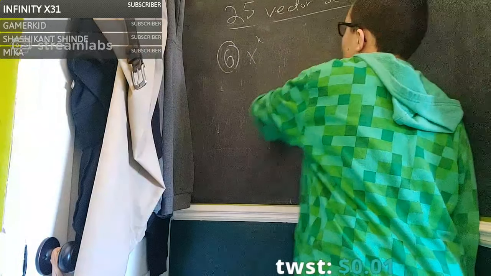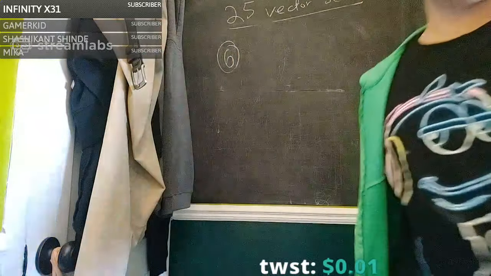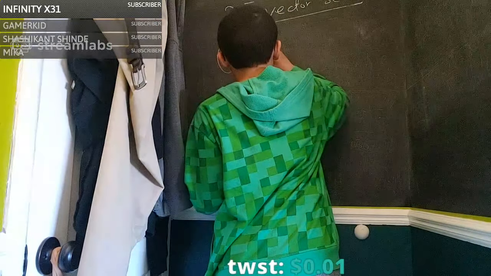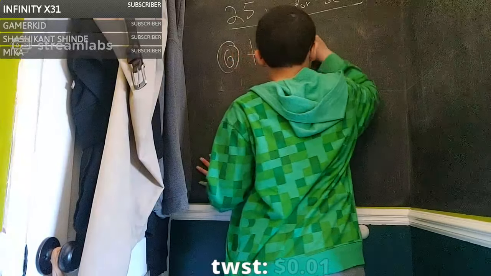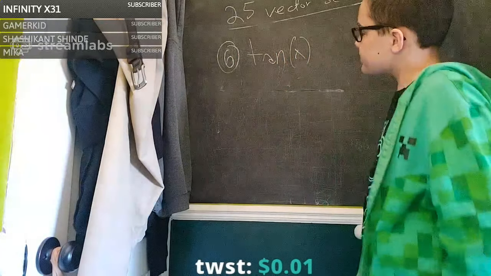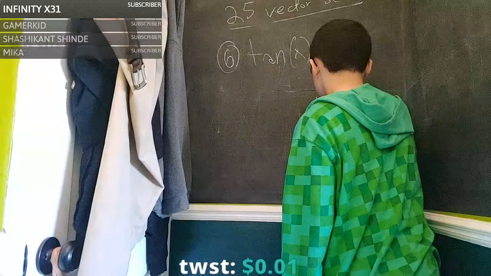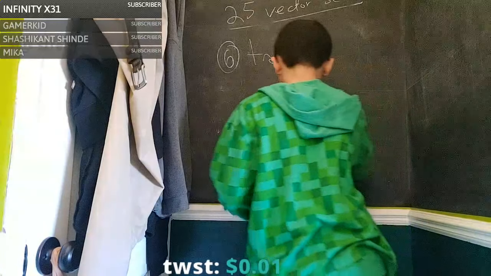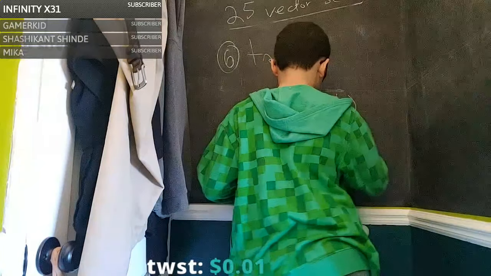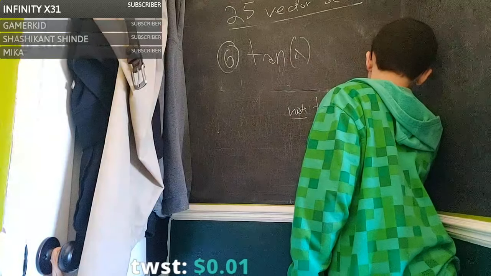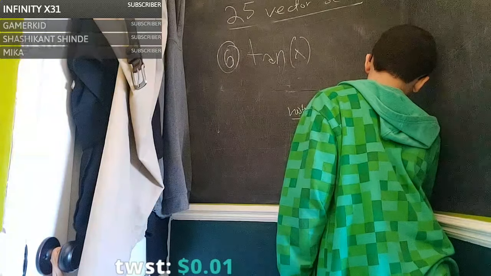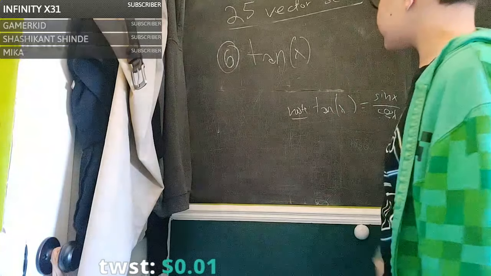One that's so hard, I literally cannot do it without using other rules that we have used in the past. Tangent of x. Now, we're going to use an identity. Tangent of x equals sine x over cosine x. So, we're going to be using this theorem.